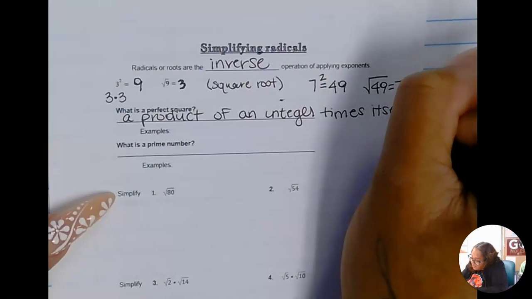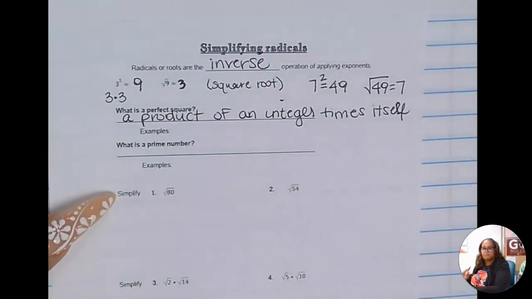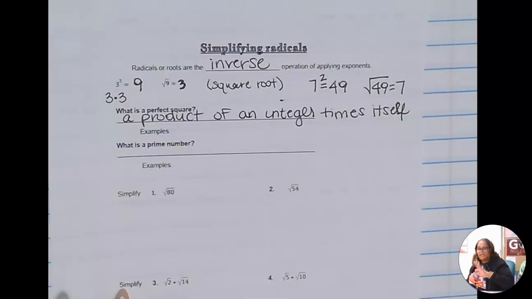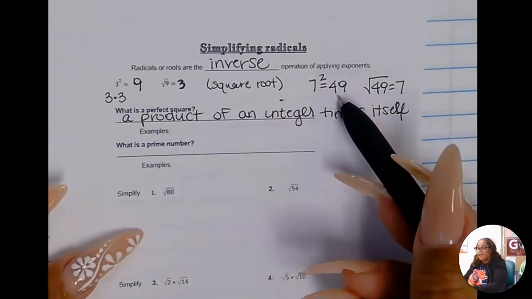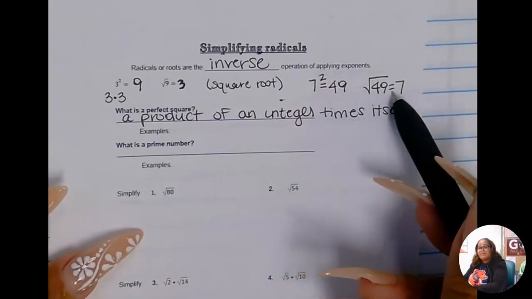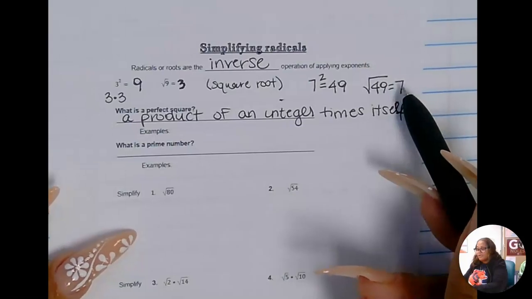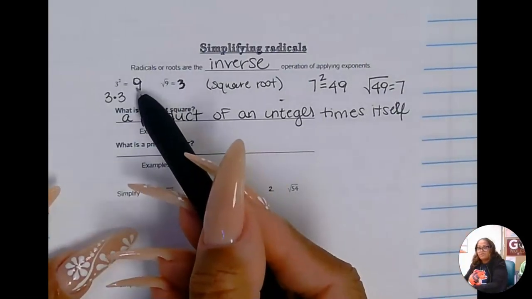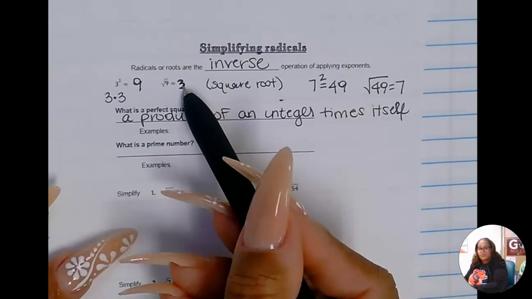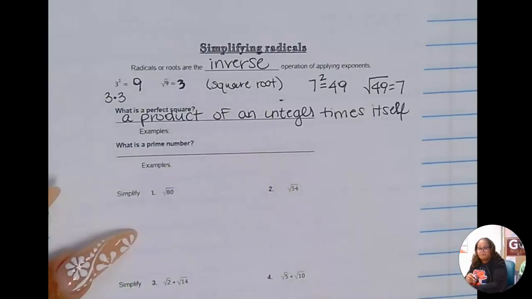Okay, I'm taking any integer and I'm multiplying it by itself. The integer is 12. 12 times 12 is 144. 144 is the perfect square. 12 is the root. 49 is the perfect square. 7 is the root. 9 is the perfect square. 3 is the root. Okay?